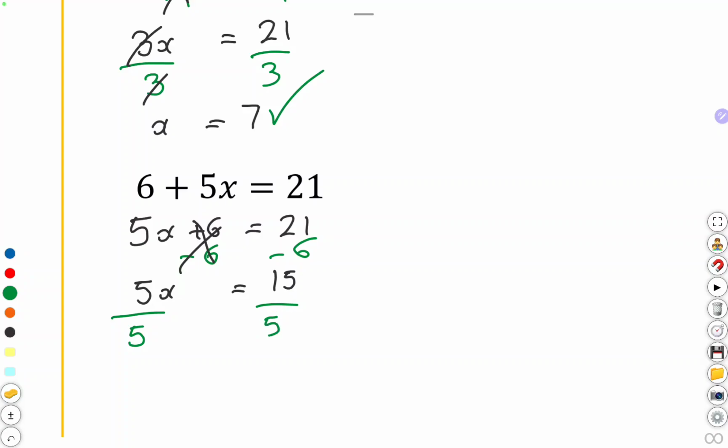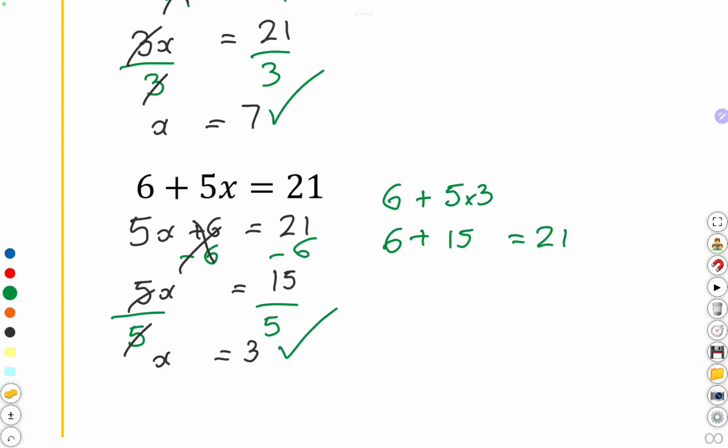Divide by 5, and then we've got x equals 3. So 15 divided by 5 is equal to 3. Let's check my answer. 6 plus 5 times 3 is the same as 6 plus 15, which is 21, so I know that I'm correct.